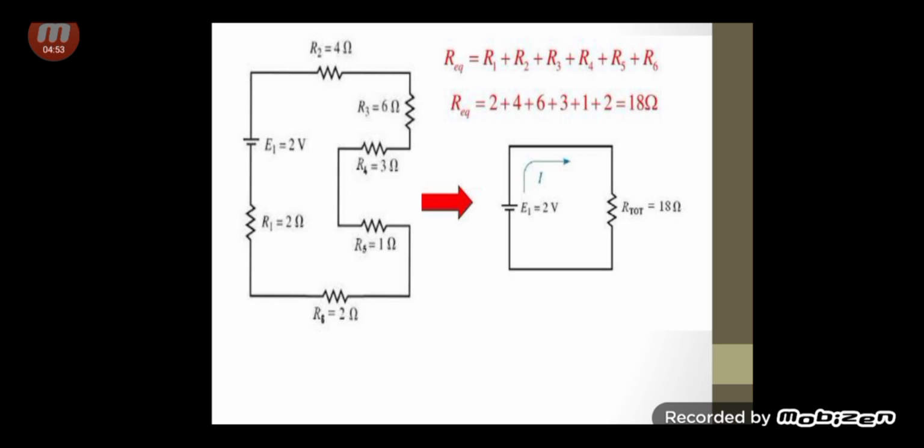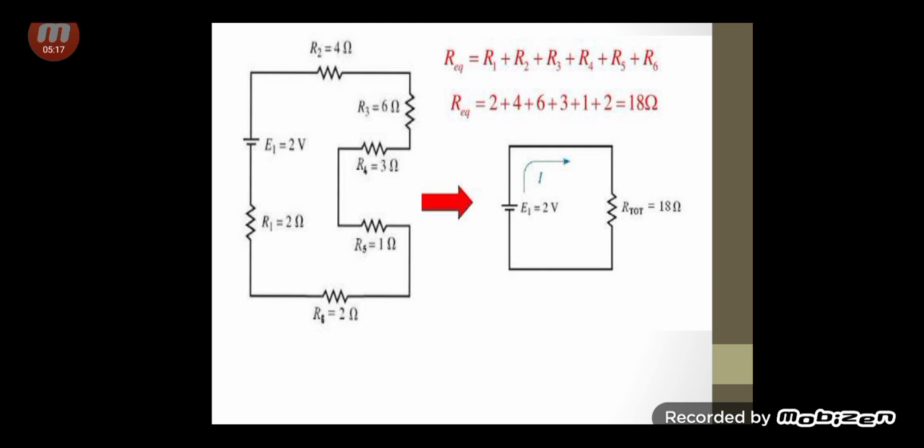Look at this example in front of you. There are 6 resistors arranged in series, and the total resistance of this circuit will be the sum of them all. When resistors are arranged in series, the equivalent or total resistance is R1 plus R2 plus R3 plus R4 plus R5 plus R6.